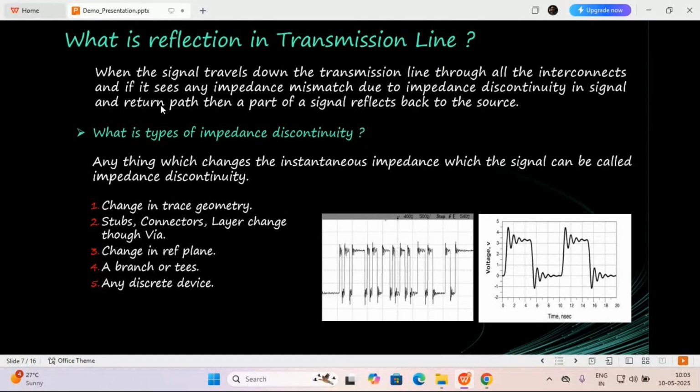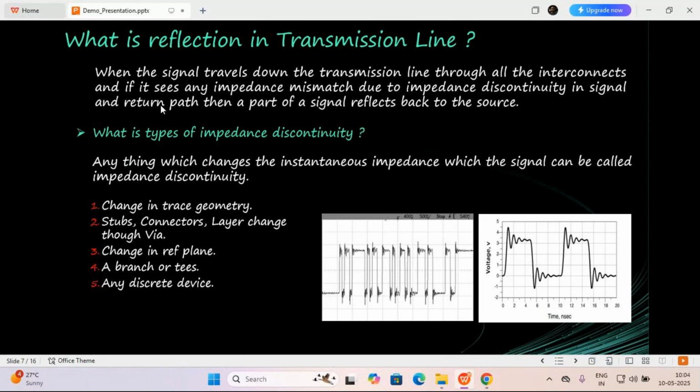For example, if I use the formula V equals IR, if my R is constant throughout the trace, my voltage will be constant. But if my trace gets thinner, for example crossing into the breakout region where you cannot maintain the proper trace width, my impedance is going to increase.